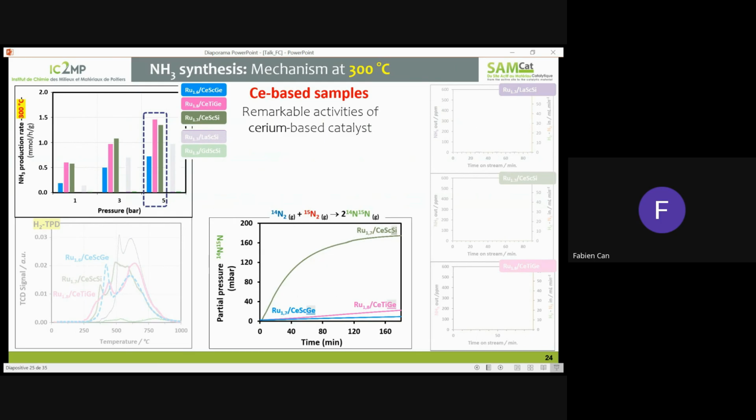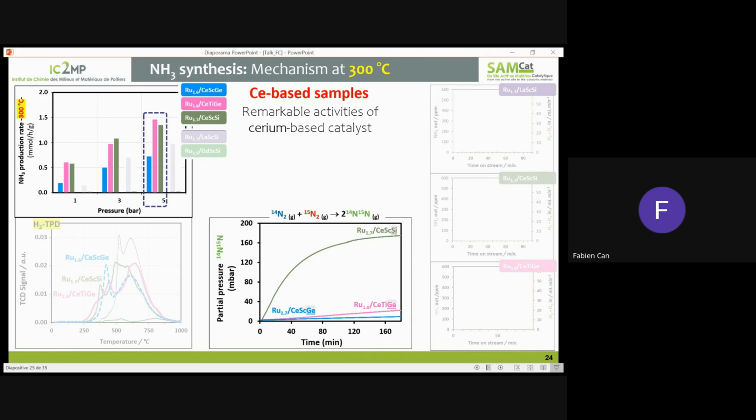First, if we want to check the ability of this sample in N2 dissociation, we can look at the result for the homomolecular exchange. We already discussed cerium, scandium, silicium, or lanthanum, scandium, silicium. We know that they are very active for N2 dissociation. It is the curve here.